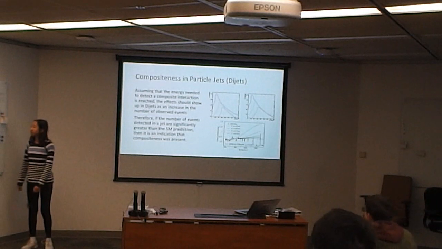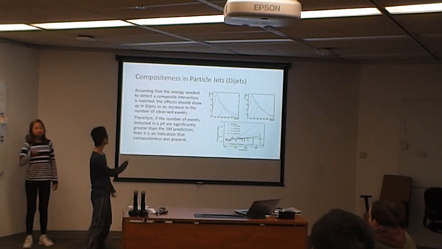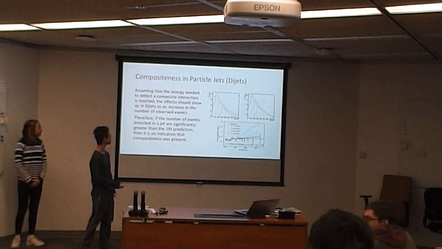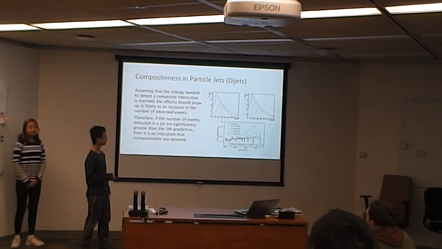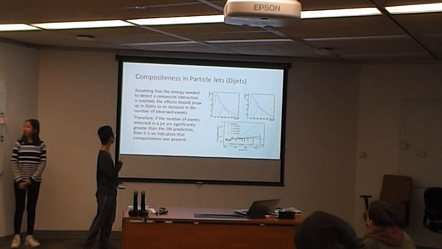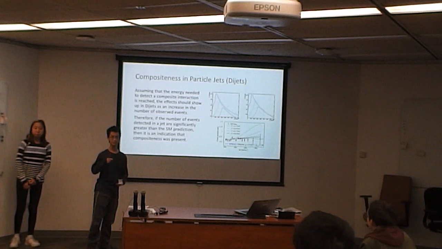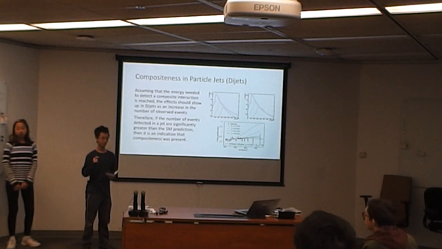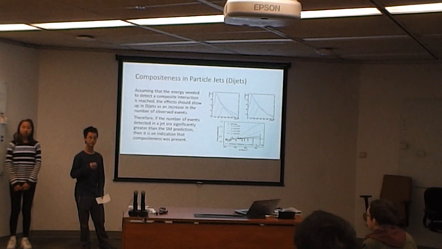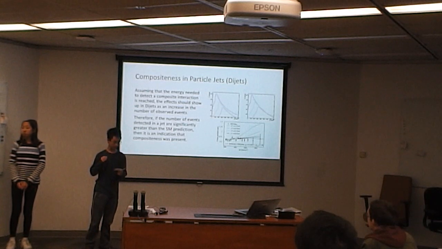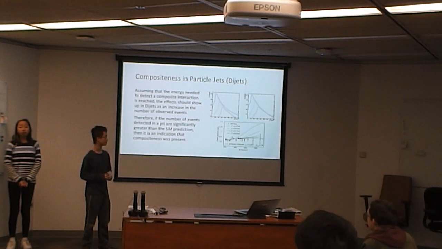Okay, so basically, assuming that the energy needed to observe a composite interaction is reached, the effects should show up in the dijet spectrum, not as an increased number of observed events overall, but as an increase in the number of dijet events with a given invariant mass, and the larger the mass, the more pronounced the effect.